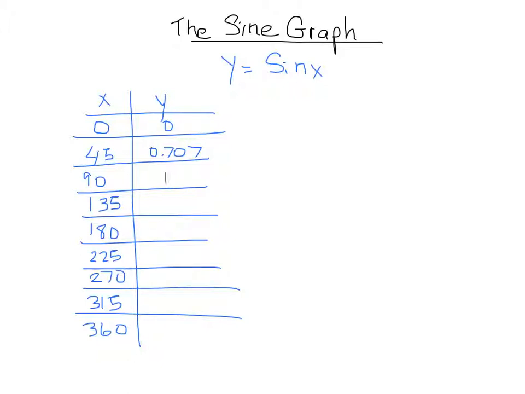And then we keep going, we just keep plugging in, and we get again 0.707, and we have here 0 and negative 0.707. There we go. And then negative 1. Then back to negative 0.707, and as you may be noticing, it's kind of cycling around.